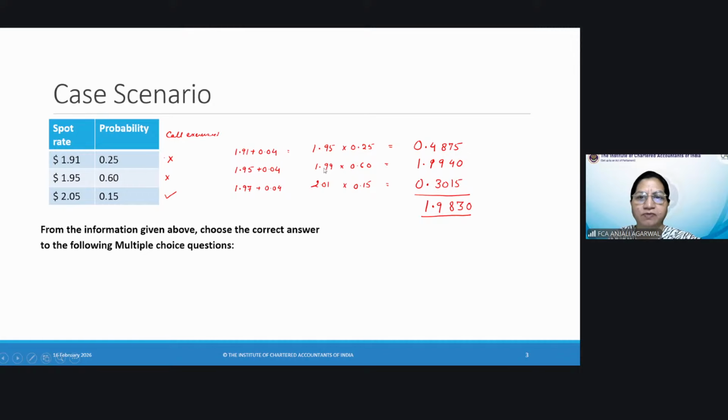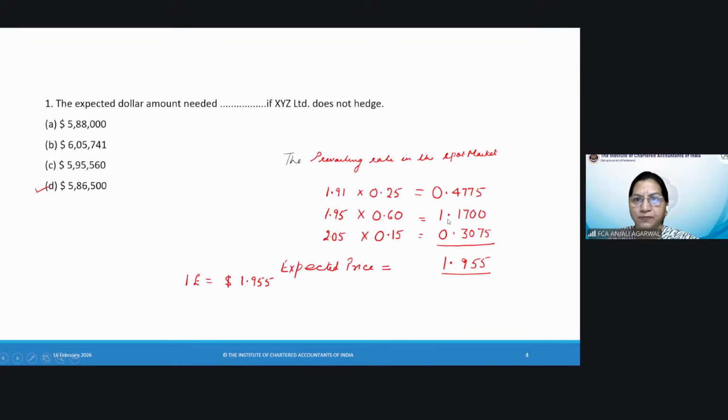Together with premium, it will cost us 1.99 with a probability of 0.60. But if it is 2.05, then we will exercise the call and we will buy the pounds at 1.97. Together with premium, it will be 2.01, and that has a probability of 15% or 0.15. So the expected value that it will cost us in call option is 1.9830.